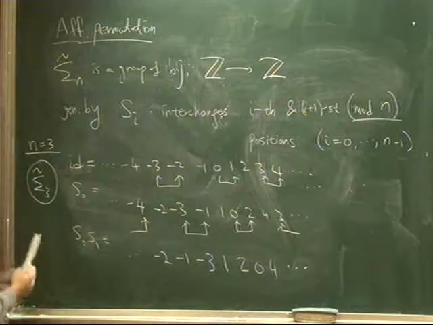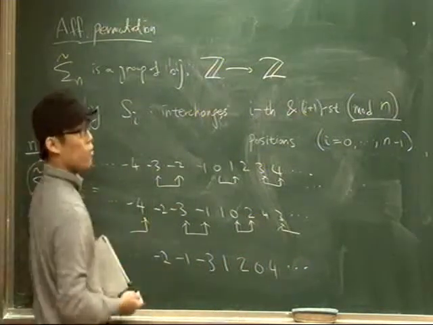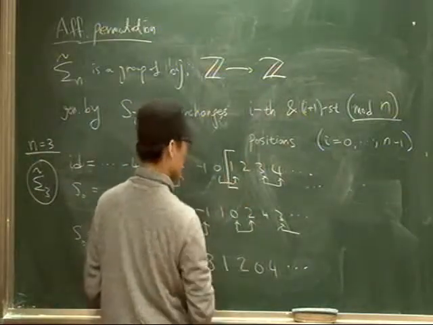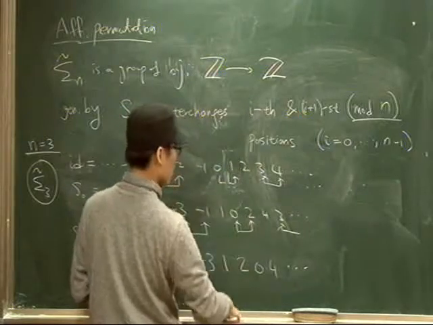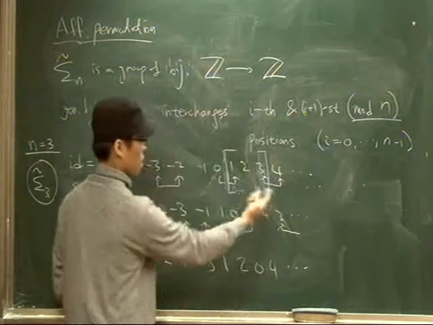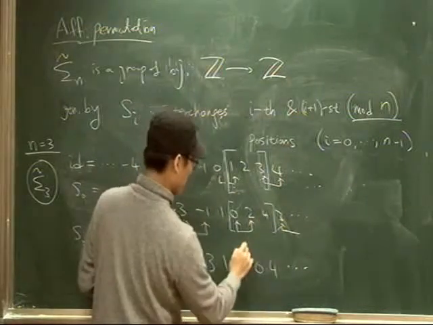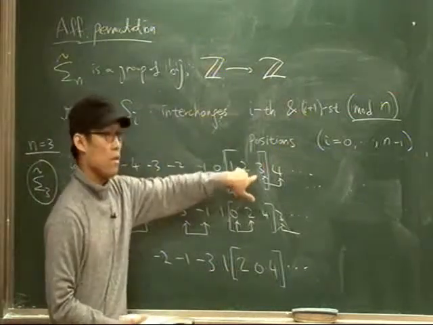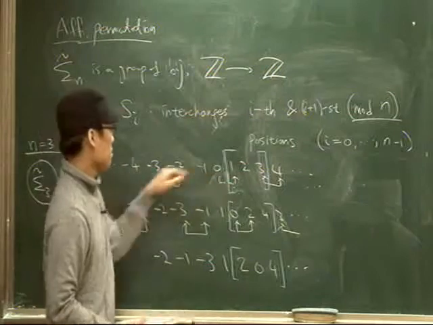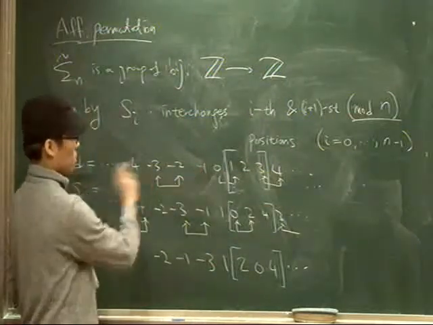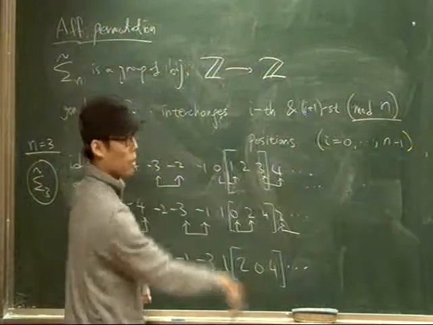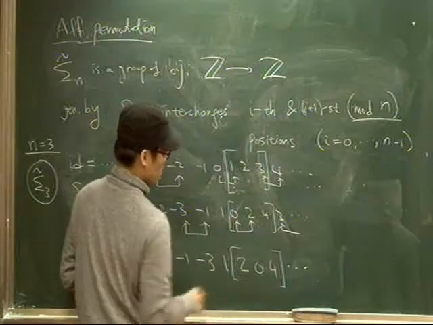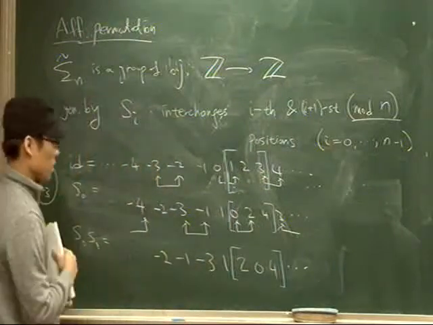And the window notation of an affine permutation is just looking at this part, because these n numbers completely determine the whole sequence, since it's periodic. We can look at only these n numbers, and looking at these n numbers is called the window notation of this affine permutation.